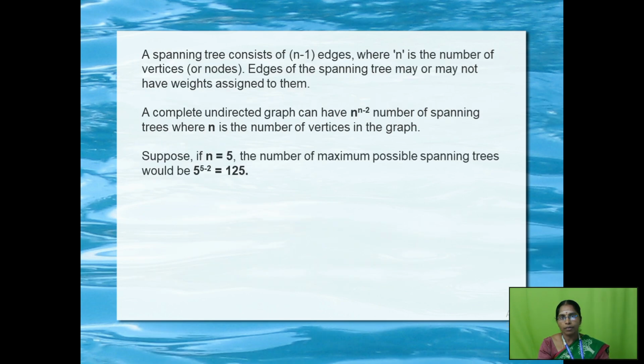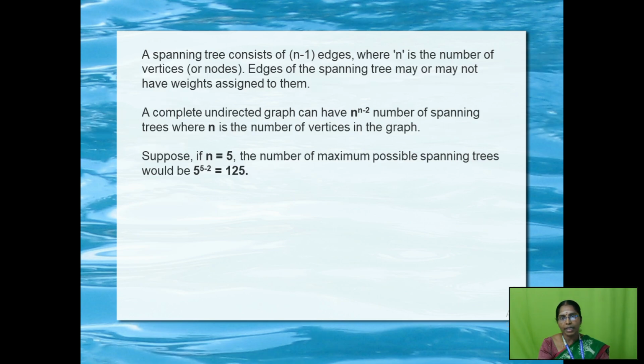So how many edges and vertices are there in a spanning tree? A spanning tree consists of n minus 1 edges, where n is the number of vertices, or nodes. Edges of a spanning tree may or may not have weights assigned to them. A complete undirected graph can have n power n minus 2 spanning trees, where n is the number of vertices in the graph.